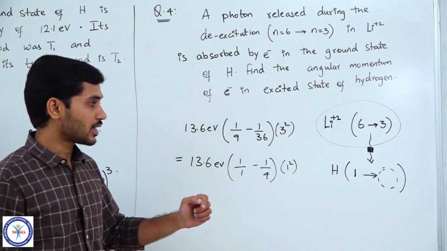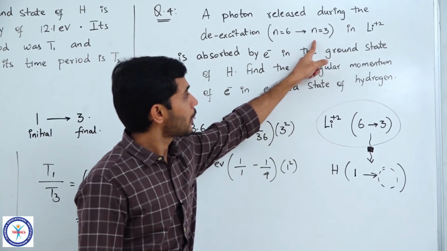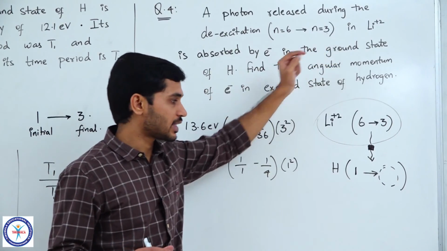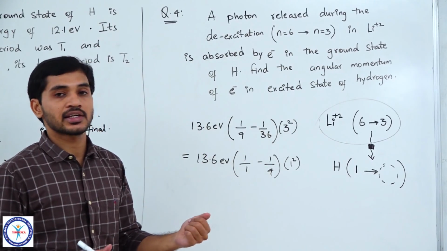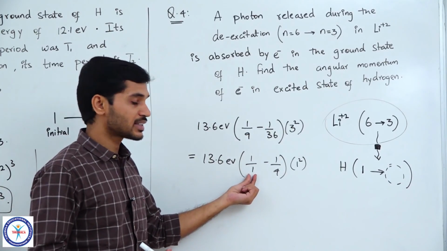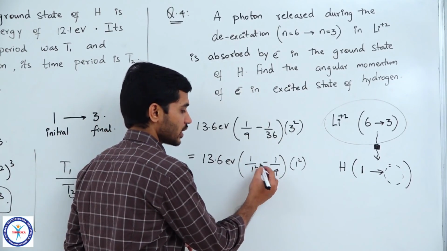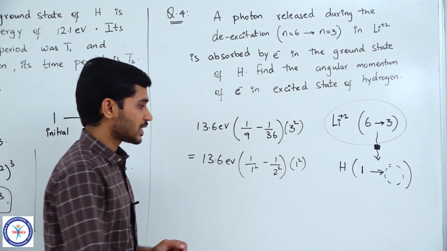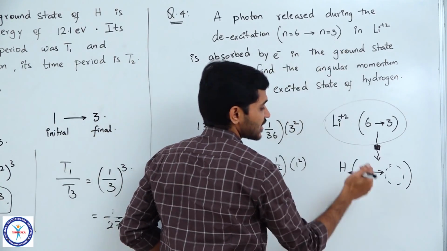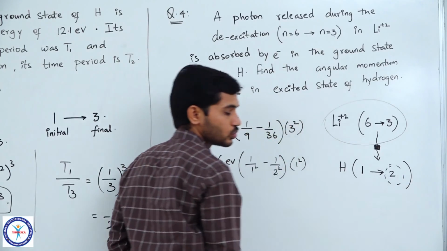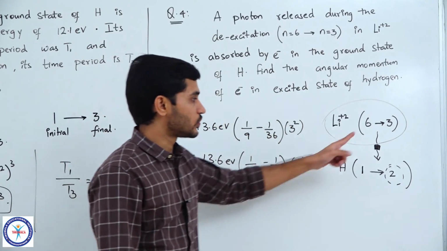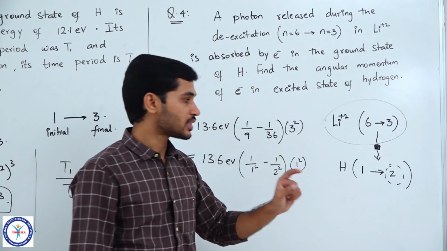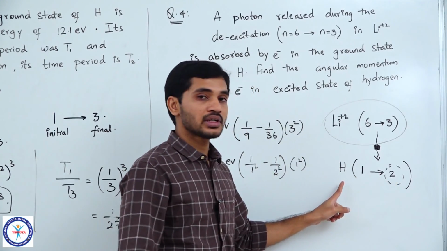So this transition in Li2+ has the same energy difference as which transition in hydrogen? This is 1 square and this is 2 square. So we can say that the 6 to 3 transition in Li2+ has the same energy as the 1 to 2 transition in hydrogen.